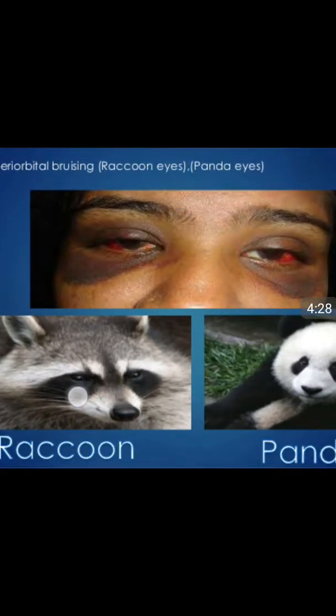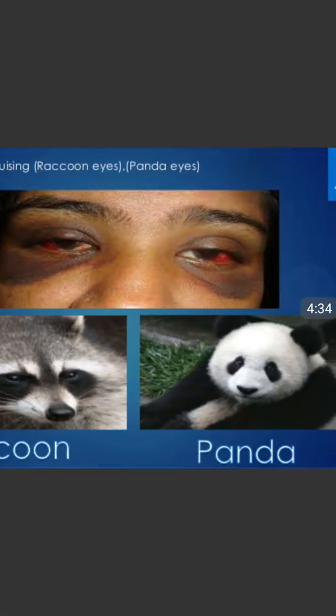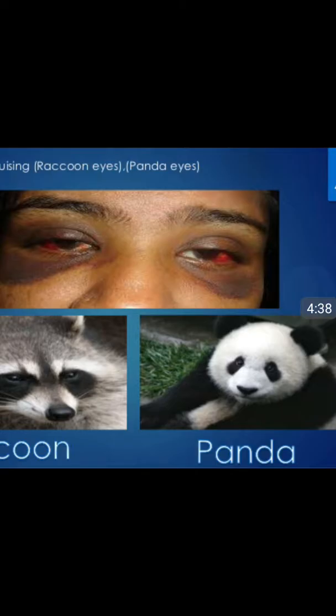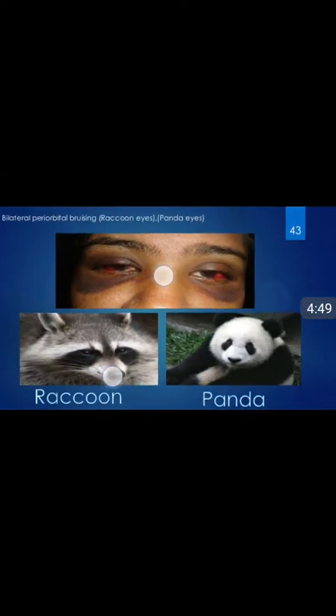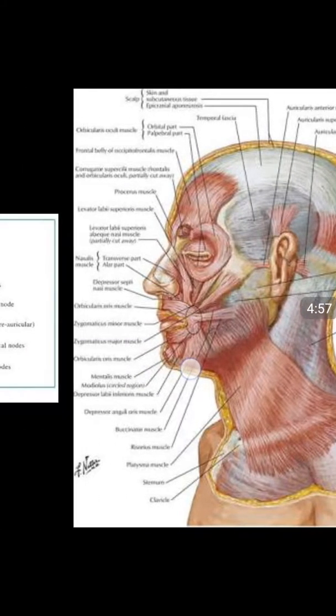This is an animal called a raccoon. Just look at its eyes. They are surrounded by black spots. So you can also call it panda eye, because likewise, the blood which gathers around the eyes results in the formation of either raccoon eye or panda eye. This condition is also called black eye.